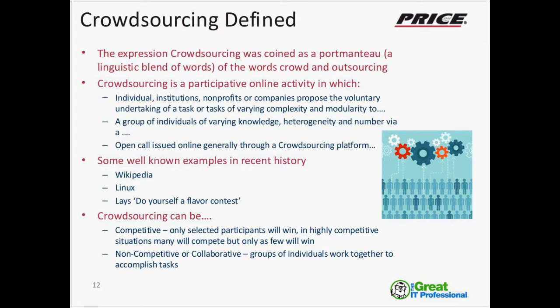And then there's commercial applications of it. For example, the company Lay's that makes potato chips. They annually, I believe, have a do-yourself-a-flavor contest where people suggest what the perfect flavor for a potato chip would be.